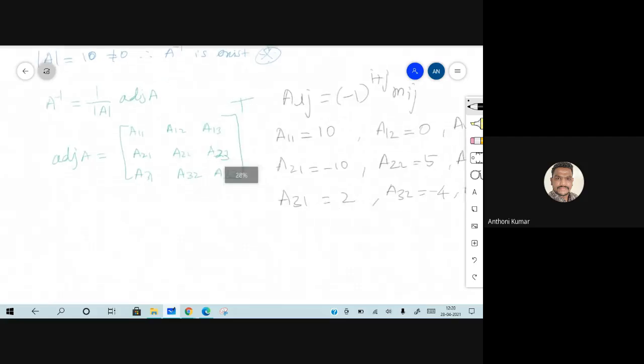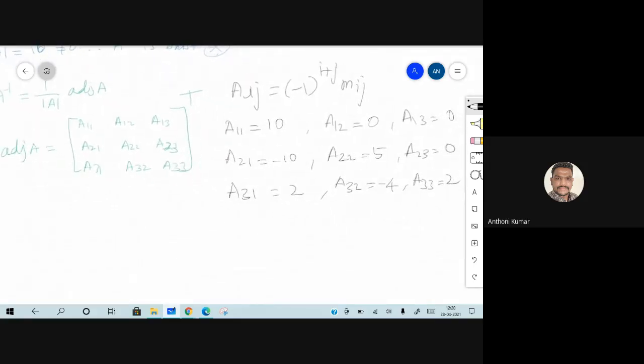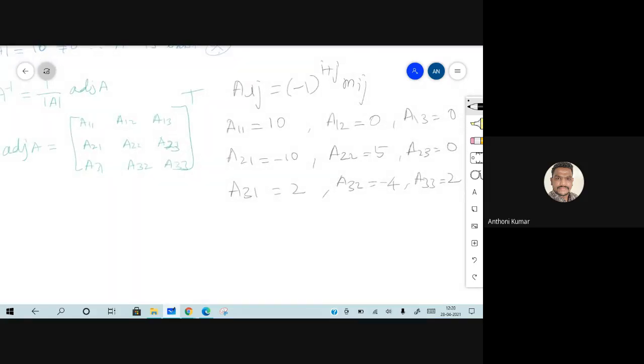So with the help of cofactor elements, you can form a cofactor matrix. Therefore, the required adjoint of A is the transpose of it. You substitute and take a transpose. There's nothing wrong in it. So 10, 0, 0, minus 10, 5, 0, 2, minus 4, and 2.